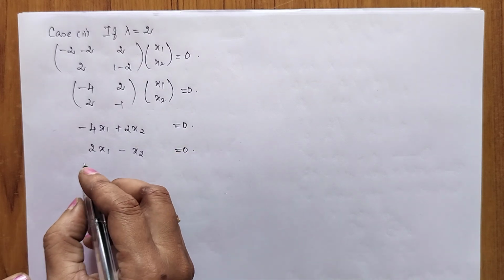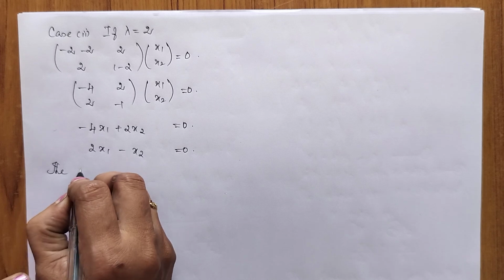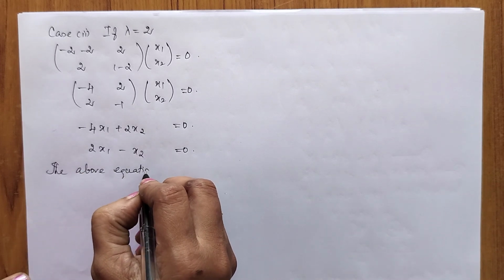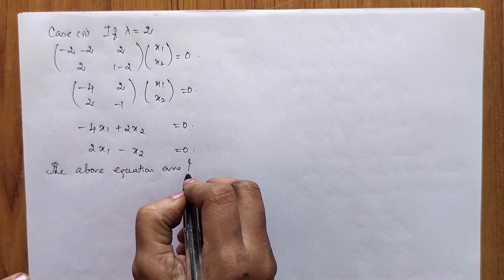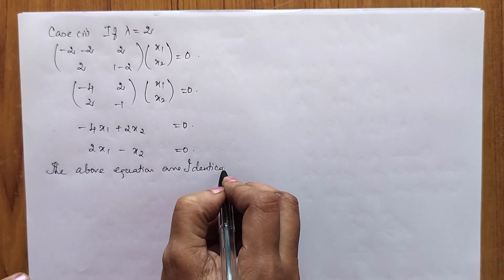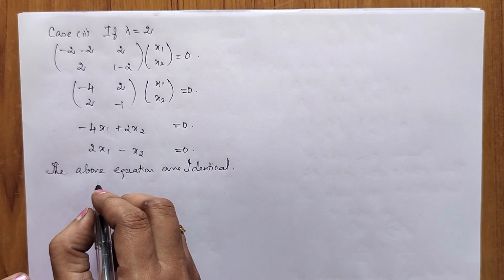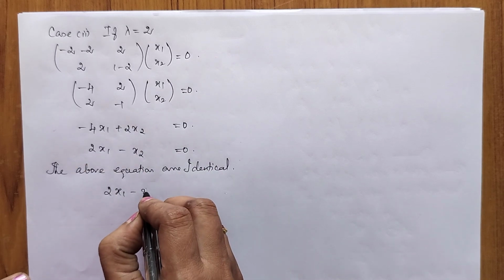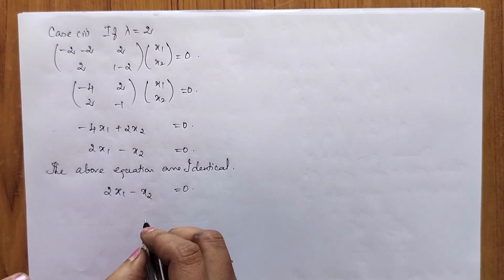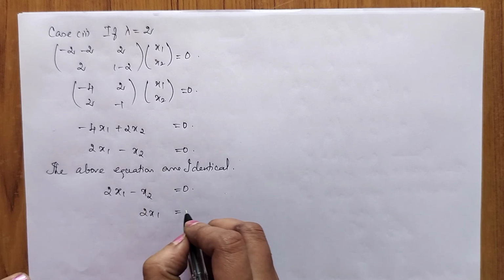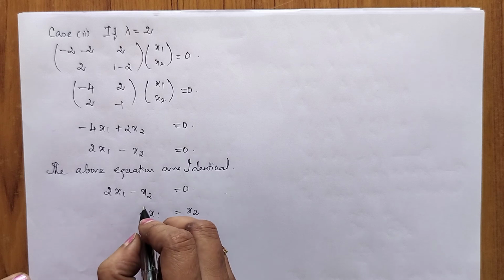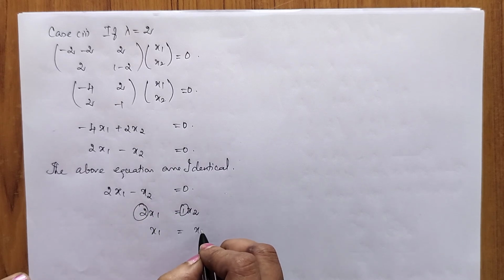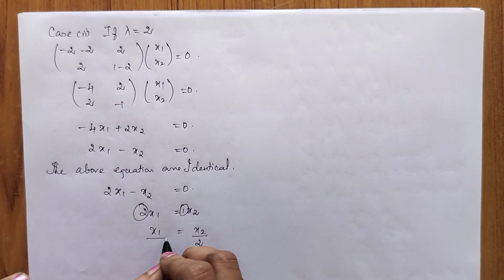The above equations are identical, that means the same. So we take any one equation, that is 2x1 minus x2 equal to 0, then 2x1 is equal to x2, and taking the coefficients of x1, x2 we get 2, 1.